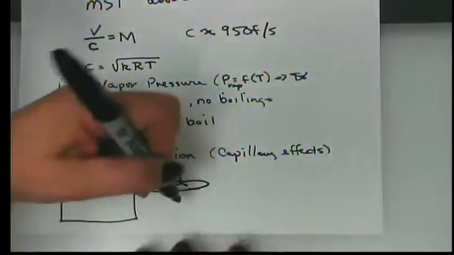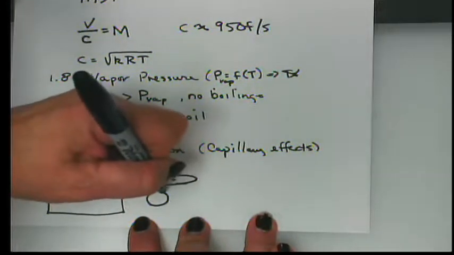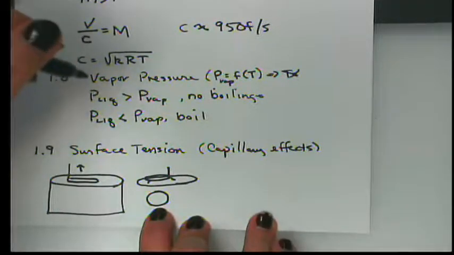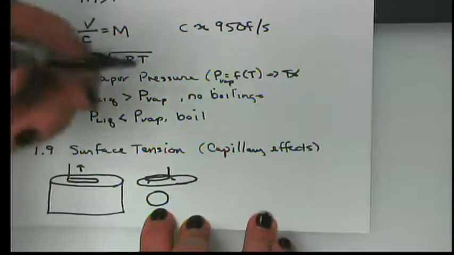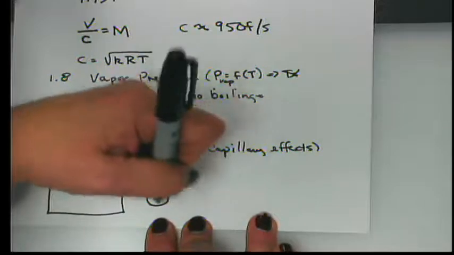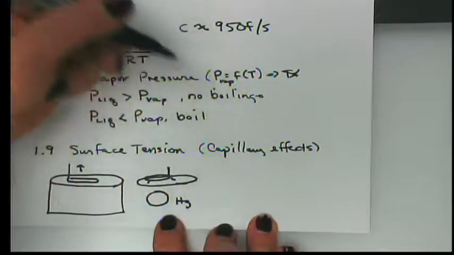Now, surface tension is a really interesting effect because it leads to a lot of other ideas. Some fluids have a high enough surface tension that they will bind to themselves. In other words, this is called a non-wetting fluid. Mercury has a high surface tension.